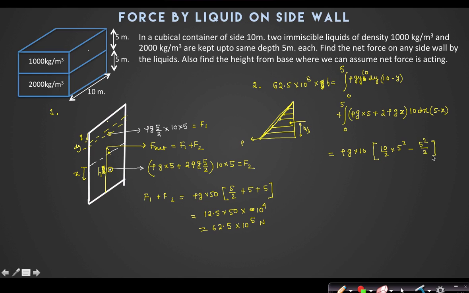And plus this one is rho g into 5 into 10 into 5 minus x dx.